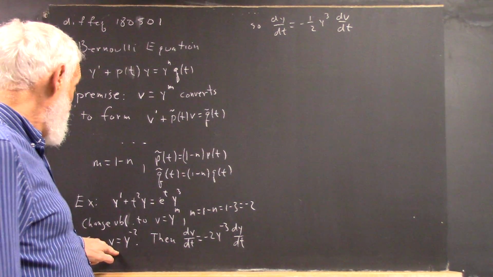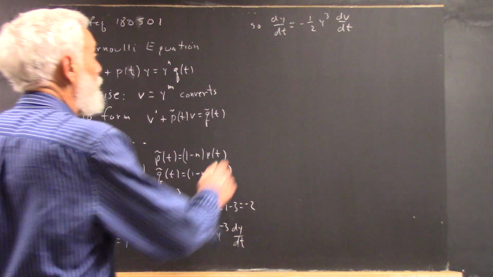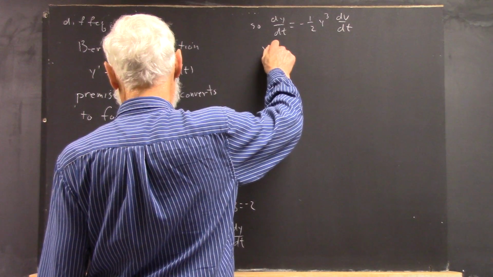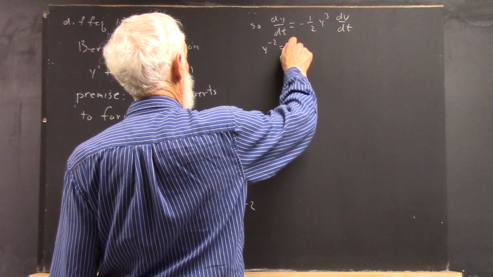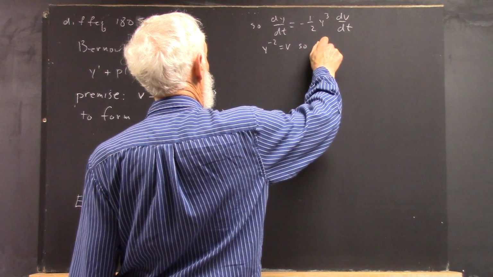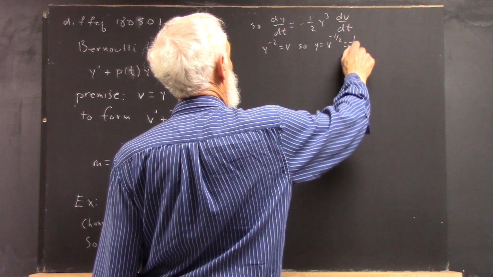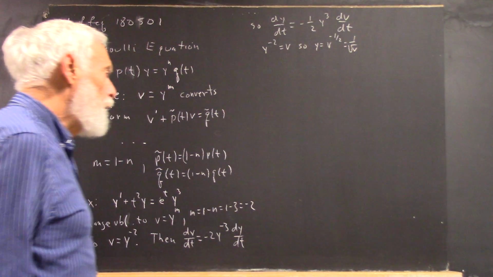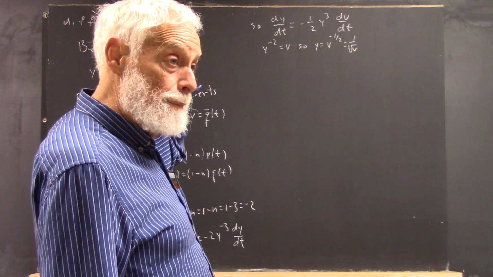Okay, anyhow, you got v equals y to the -2, so that y equals v to the -1/2, which is 1 over the square root of v, right?